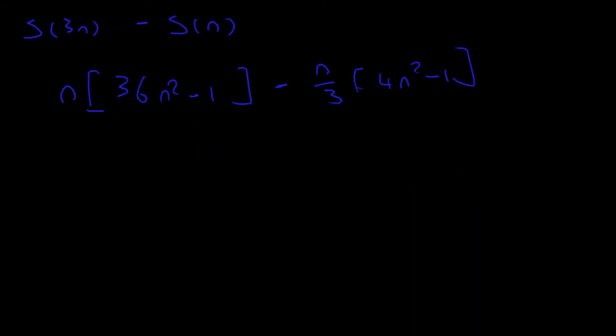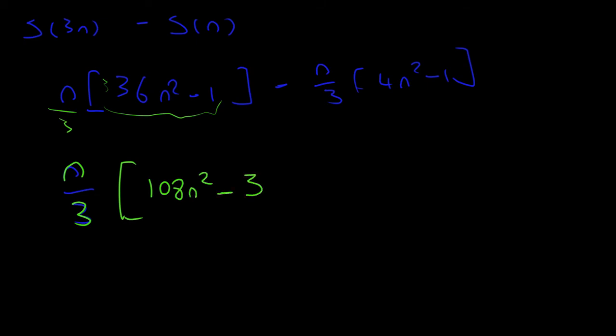Let's try and simplify that a bit. So again, let's take an n over 3 outside. I'll change my pen a bit just to spice things up. Okay, so n over 3 comes outside. Now, if I want to put an over 3 there, I need to times this guy in here by 3. So it's 108n squared minus 3.